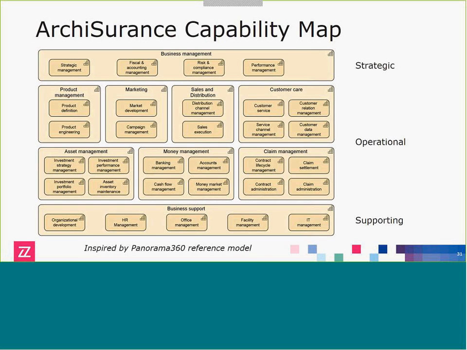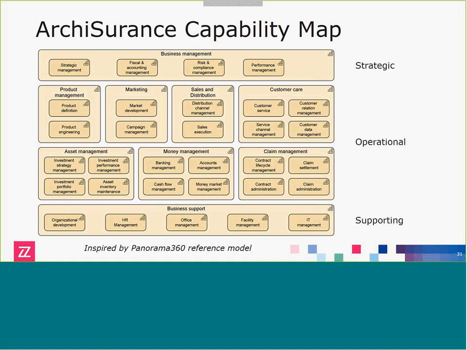So the example today is from ArchiSurance, our fictitious but realistic insurance company that we have used for many years now. There's this description in the white paper available through The Open Group and TOGAF. This is something we're now updating to reflect the ArchiMate 3 concepts.